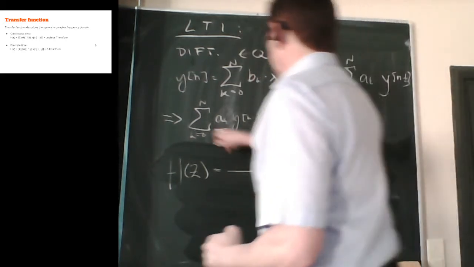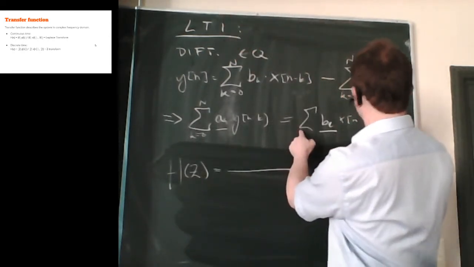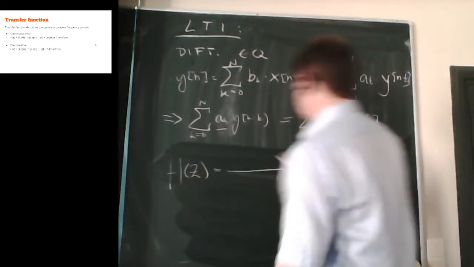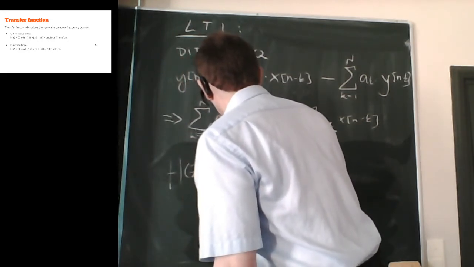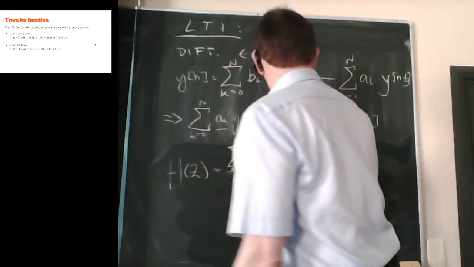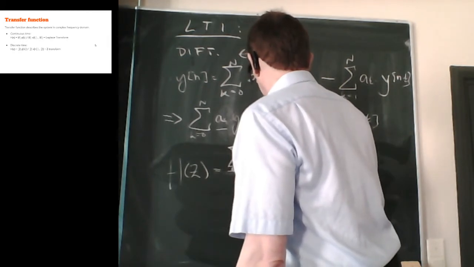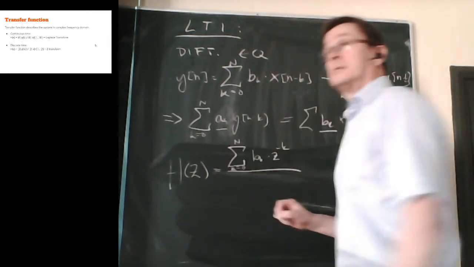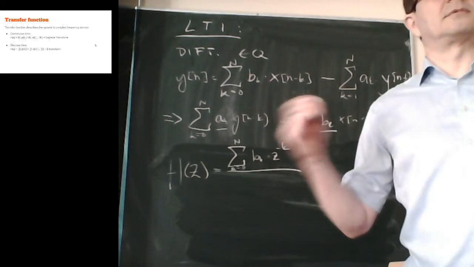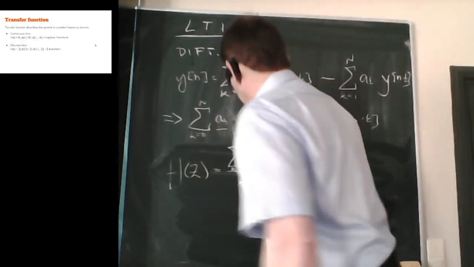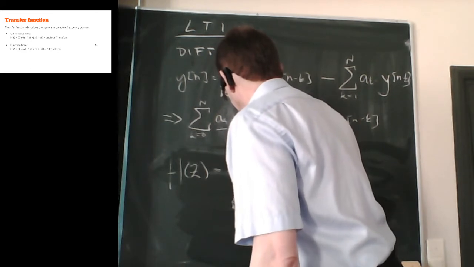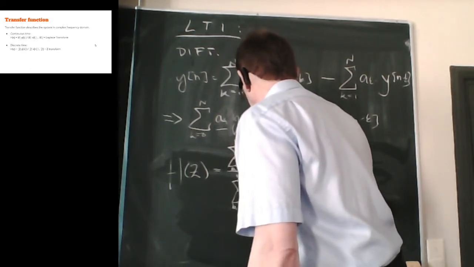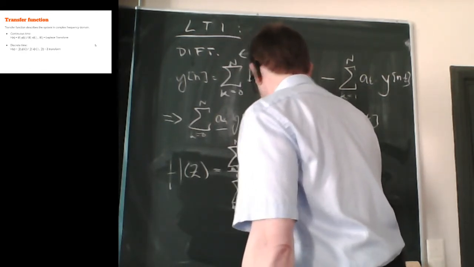So basically, we have the feed-forward term, which comes out as a sum from k from 0 to n of b k times z to minus k. In the same way, downstairs, k from 0 to n, a k times z to minus k.